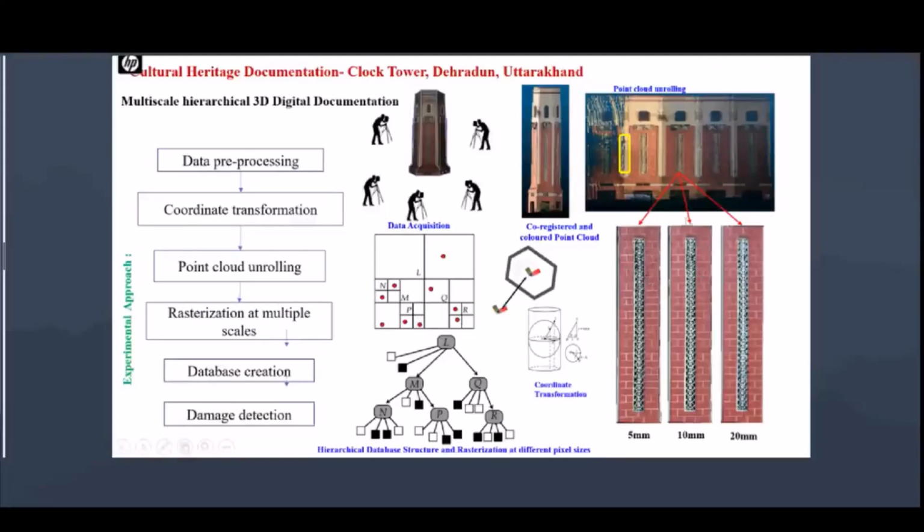Instead, one could use only that particular tile which had the damage, and the user could process data for that section only. So a database which was hierarchical and multi-scale, as you can see at different scales, was generated so that one need not open and process the entire big data each time.